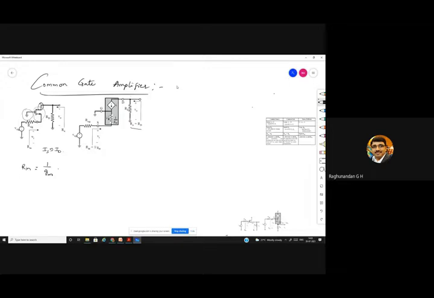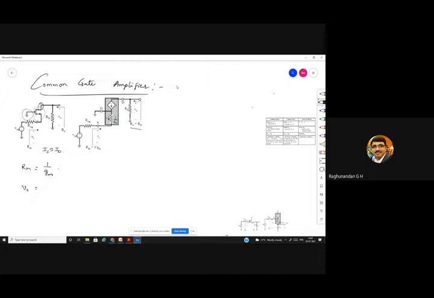So coming to this again, the input resistance is 1 by Gm, and V naught, the output voltage, we need to consider across RD. The output voltage will always be taken across RD, or if you have RL, that will be considered as RD parallel RL.